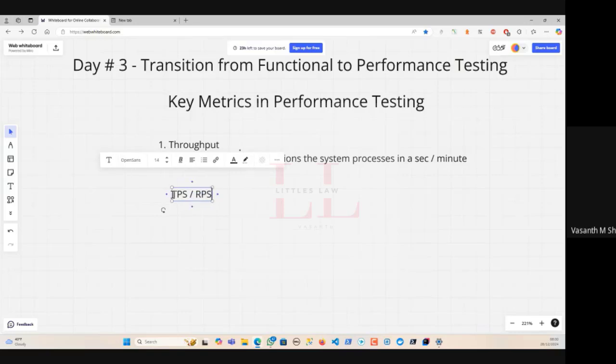The importance of calculating the throughput is that it reflects the system capacity. So this tells you the capacity of your system. If the throughput is less, the capacity is less. If the throughput is high, then the capacity is high, because your system is able to process more and more requests, and it also shows how efficient it is. So that is about the throughput.